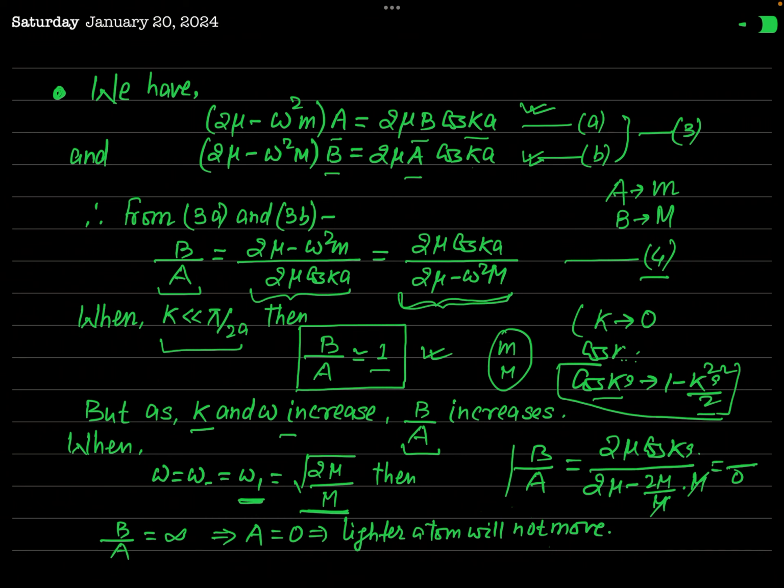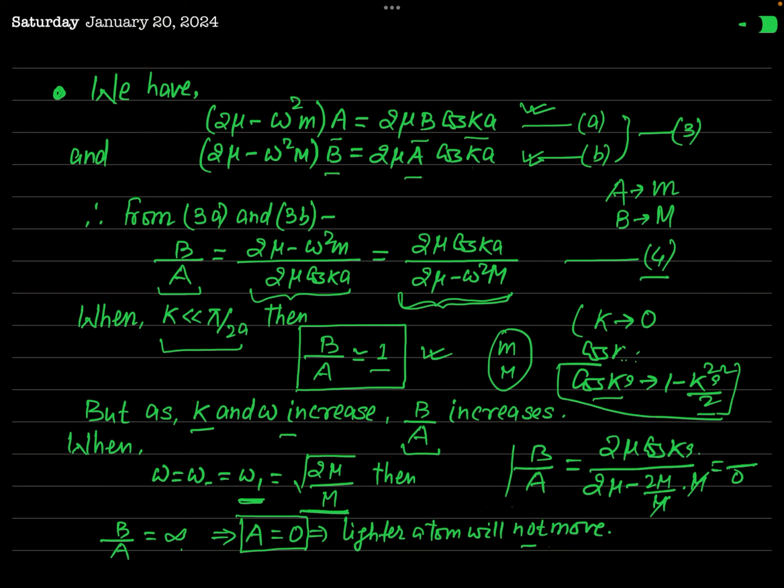But if b by a is infinity, what is a? a will be 0. So the amplitude of vibration of the lighter atom in this case is 0. What does that physically imply? It implies that the lighter atom will not vibrate.